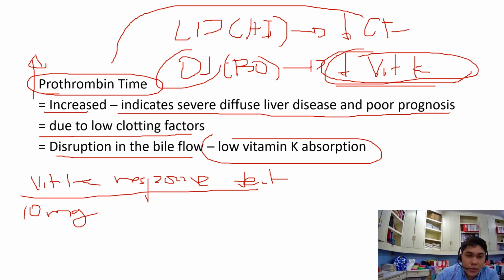Now, next, you administer vitamin K. So after vitamin K administration, the prothrombin time is decreased, meaning there is improvement in prothrombin time. Okay, so for example, before vitamin K administration, the prothrombin time is 10. Then after administration of vitamin K, the prothrombin time is 1.